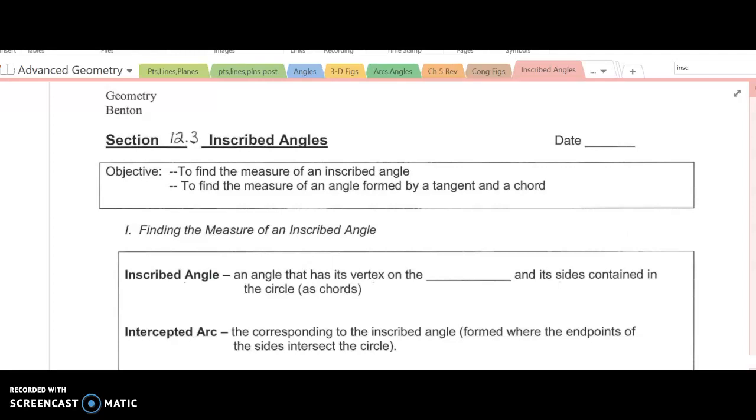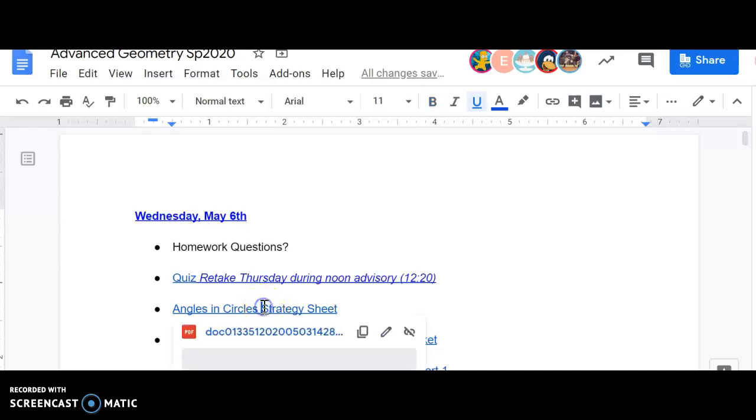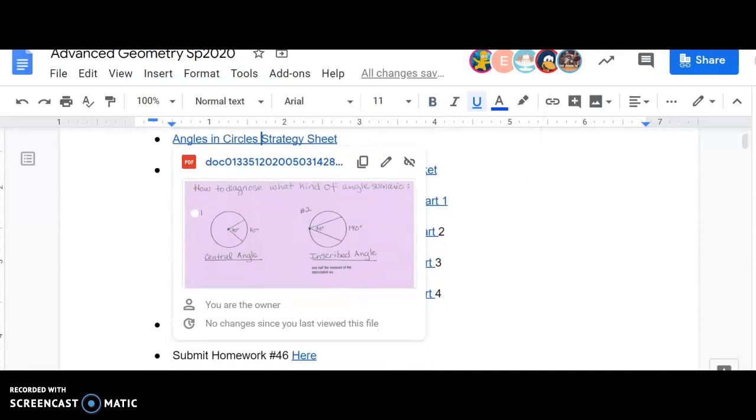Okay, we're going to get started today with inscribed angles, but before you get started on this note packet, I want to make sure that everybody downloads and prints off, or has for easy reference somewhere, this strategy sheet. I called it Angles and Circles Strategy Sheet because I'm going to throw at you several strategies today.